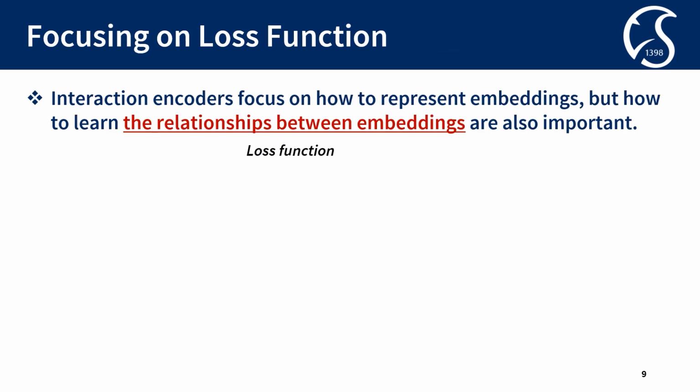Designing interaction encoders is the most studied topic because it deals with how embeddings are represented. However, the problem of how to learn the relationship between represented embeddings is also important. The loss function plays that role.